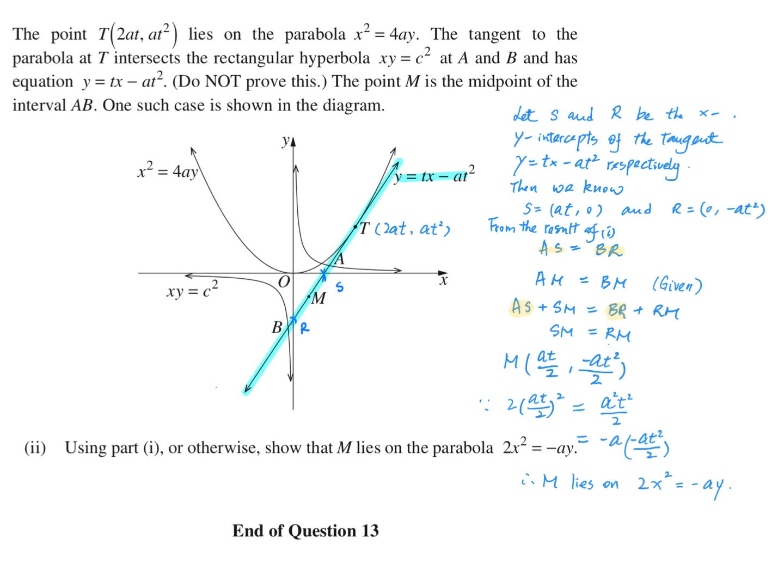By squaring the x coordinate of M and multiplying it by 2, we know that it is actually equal to minus a times the y coordinate of M. And we can conclude that M lies on the parabola 2x squared equals minus ay.